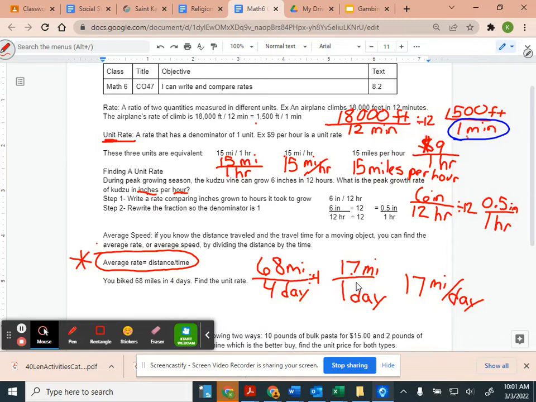But it's good that we learn the terminology, so that way when we see it written out in other places, we understand how to do it. Okay? Does that make sense? To find that unit rate, divide that denominator by itself, so we get a 1. Whatever we do to the denominator, we have to do to our numerator. All right, let me erase this so I can scroll up.